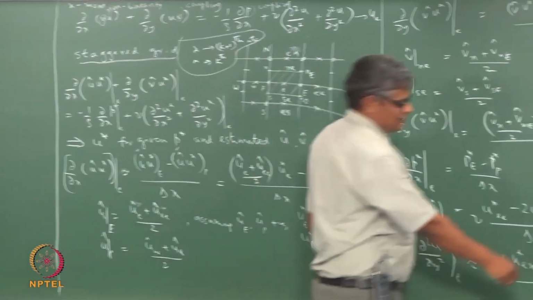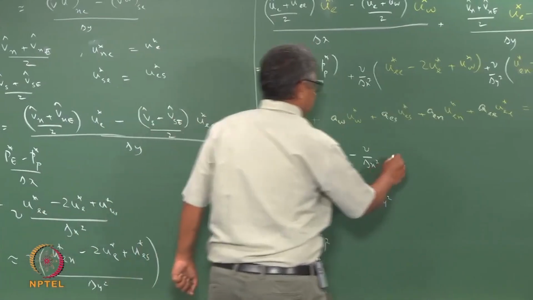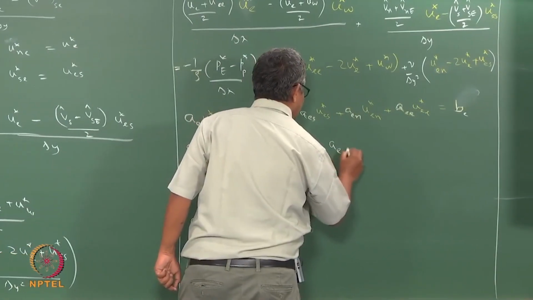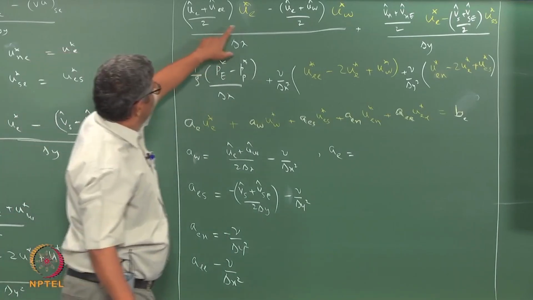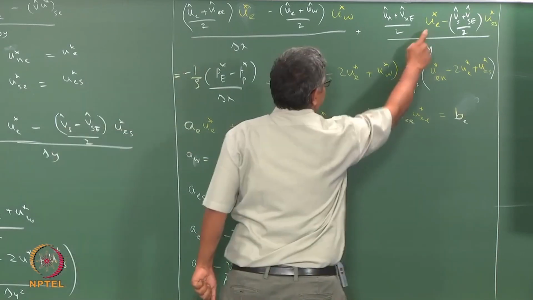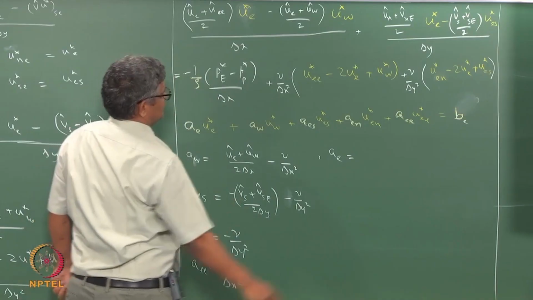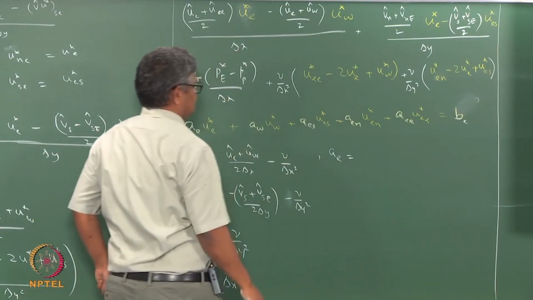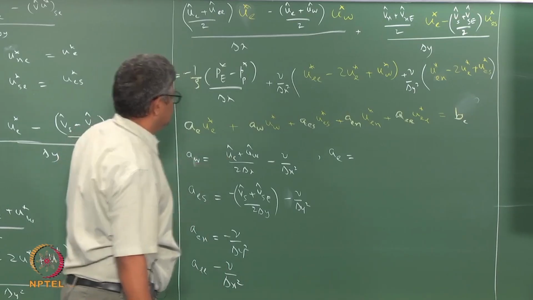So, their coefficients are correspondingly evaluated here, and then we can see that A E has contribution from here, that is this one, and this contribution is coming from V n here, and let us just write it down.